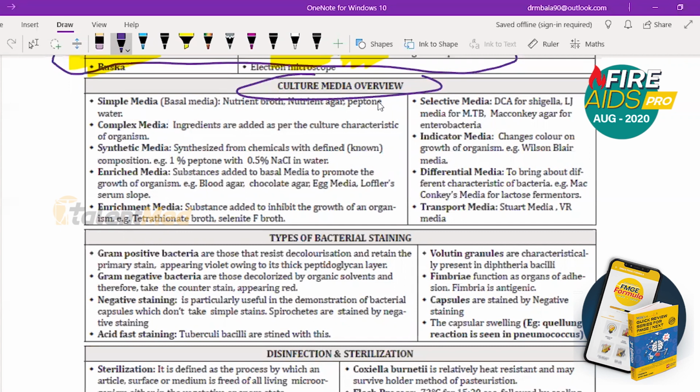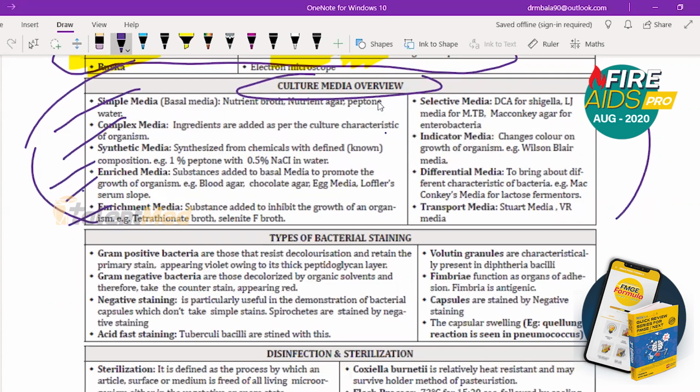Culture media is a big topic, so I can't cover everything. Here are some basics. All you need to know are the different types of culture media for different organisms. I'm not going to talk about it now because you are going to see it all over the lecture. So all I'm going to say is simple media, complex media, synthetic media, enrichment media, selective media, indicator media, differential media, transport media.